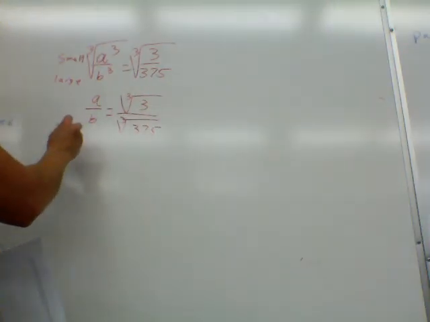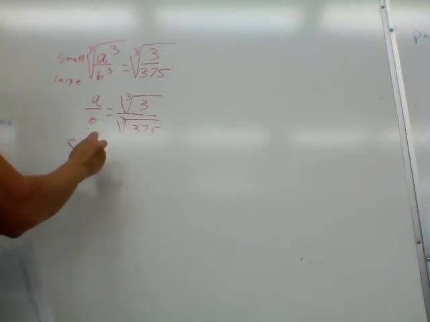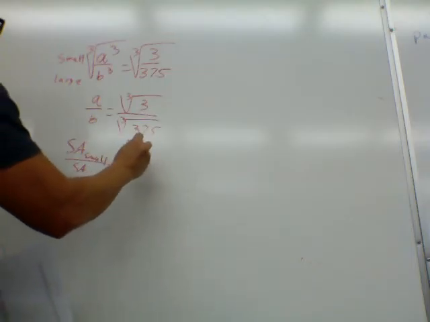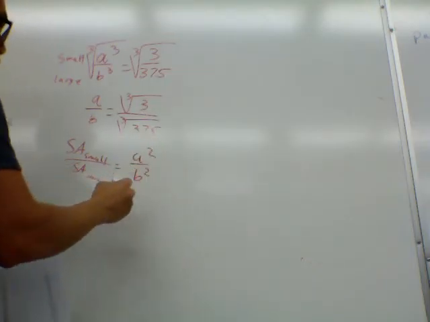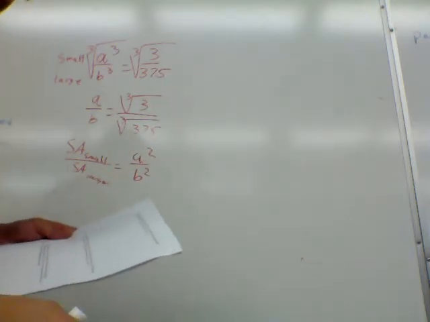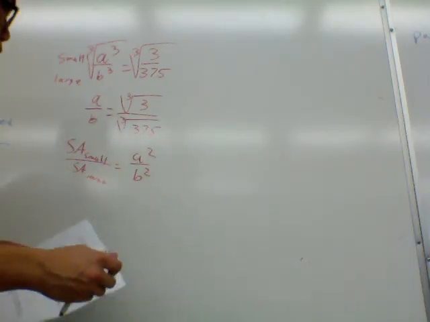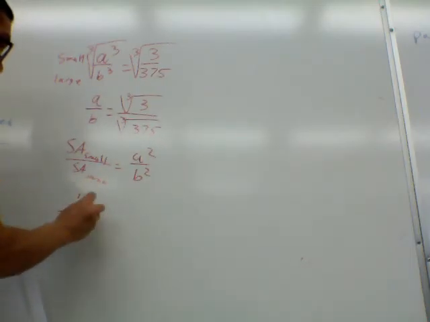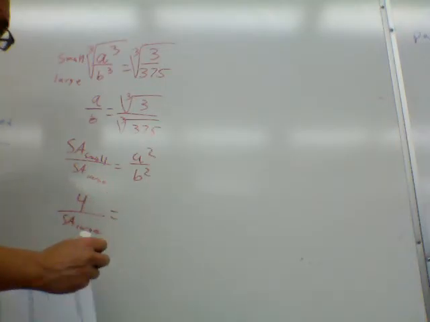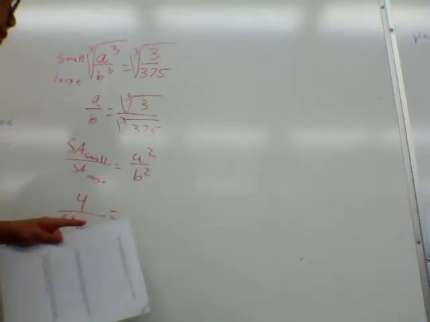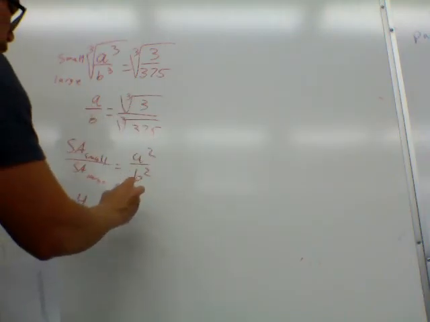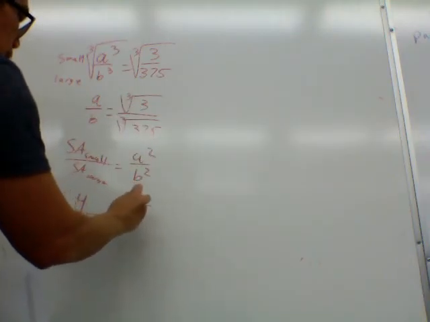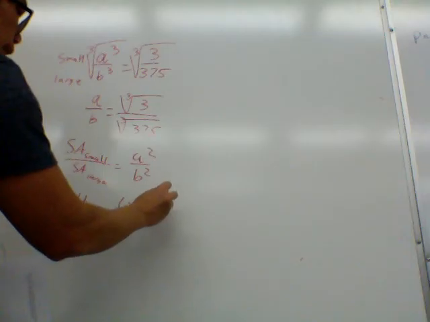Now I'm going to do surface area of small over surface area of large is equal to a squared over b squared. However, in the problem, they give me the smaller surface area is 4. So this is going to be 4 over SA large, and this is going to be equal to, A is the cube root of 3, but I'm going to square that.